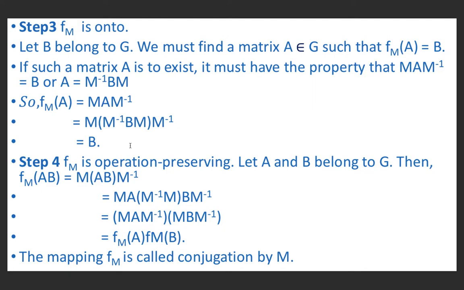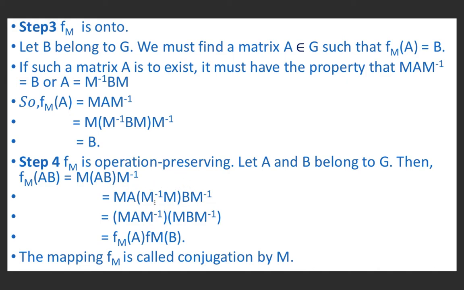Now we will show that F_M is operation preserving. Let A and B belong to G. It means F_M(AB) is equal to M A B M inverse. And we can write it as M A, using associativity, and B M inverse. And M M inverse is nothing but the identity matrix.